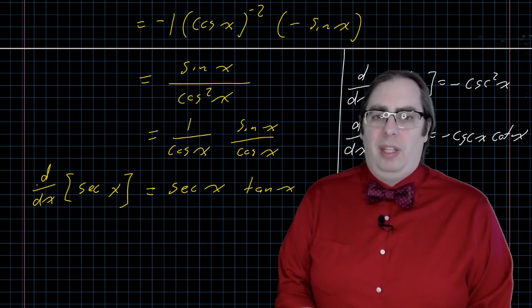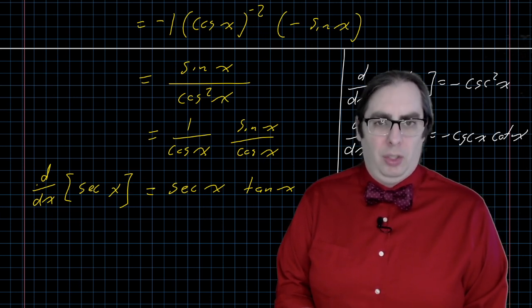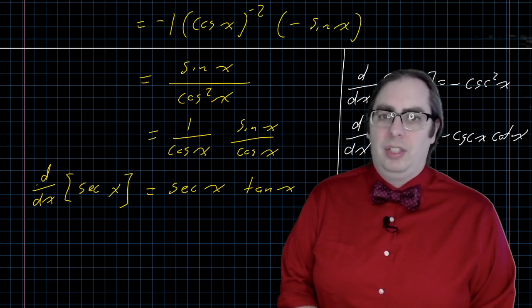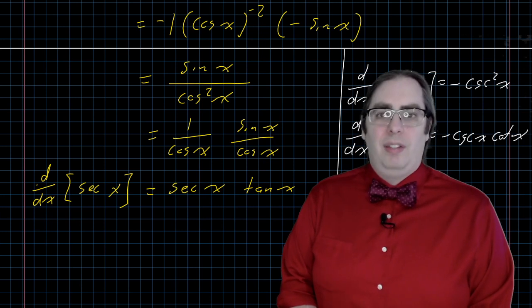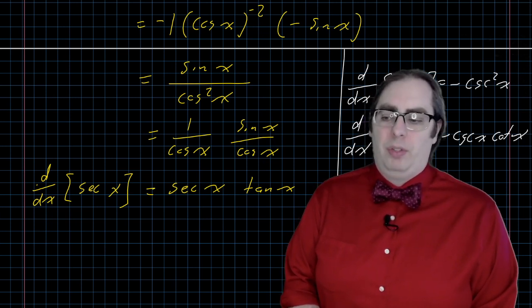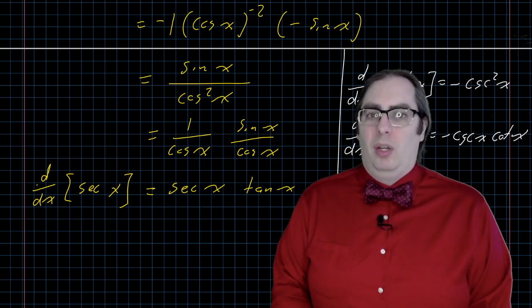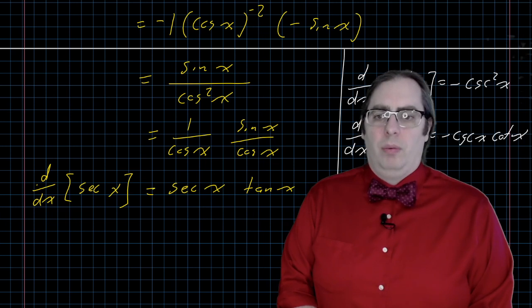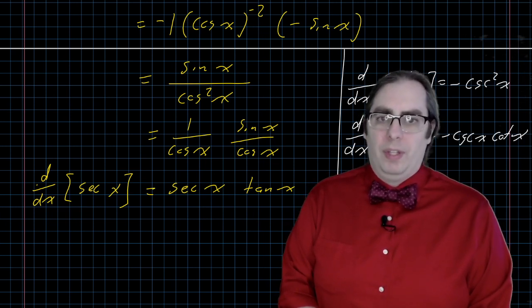Because honestly, with modern computing being what it is, they're not that useful. Right? Sine and cosine can do everything. Tangent picks up a little bit of slack to make things easier. Secant is going to still hang on because of its relationship to tangent that we just saw here. But cosecant and cotangent just don't have anything going for them. So it won't surprise me if they disappear over the course of the next few years.